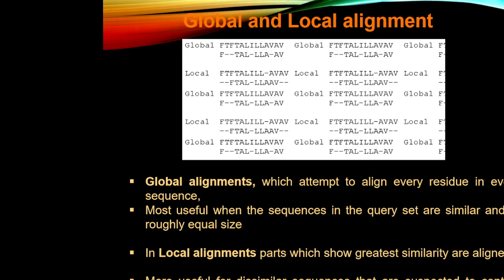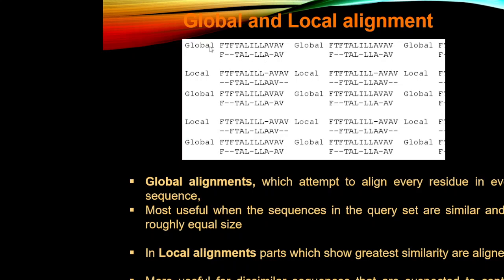Here the different types of pairwise alignments are shown, and here you can see that this is considered as a global alignment and this is considered as a local alignment. The only difference is that in the case of global alignment, there is an attempt to align every residue in every sequence. Here you can see that this is the query sequence and this is the next sequence, the homologous sequence.